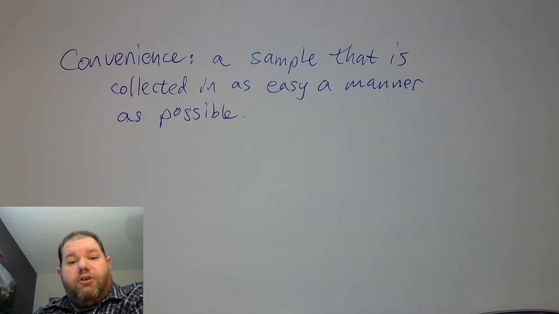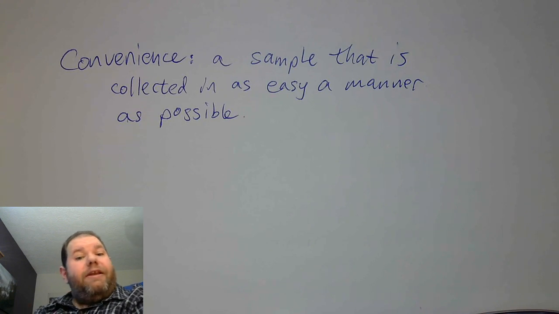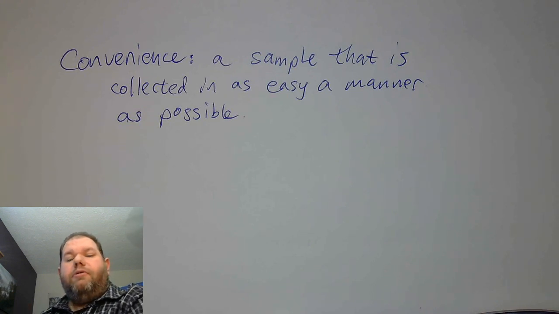The radio call-in show, again, is another example where there's a lot of bias present in the people that respond. If you present an issue, whether it's about politics or sports, the people most likely to call in are the ones that heavily favor or are heavily against that particular issue.